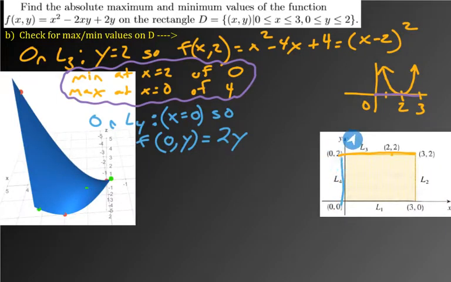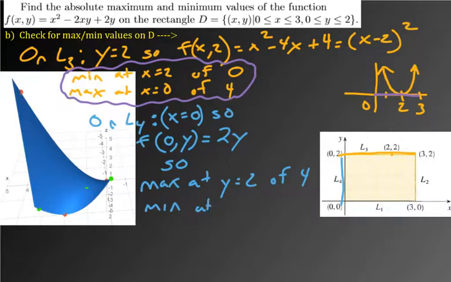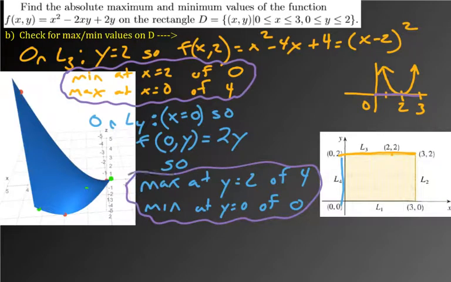It's going to have its max at the highest y and its min at the lowest y. So here it has a max at y equals 2 of 4, and a min at y equals 0 of 0. So, my last two contenders.